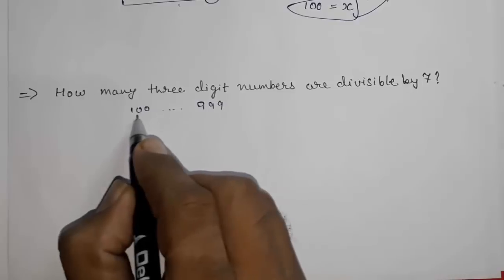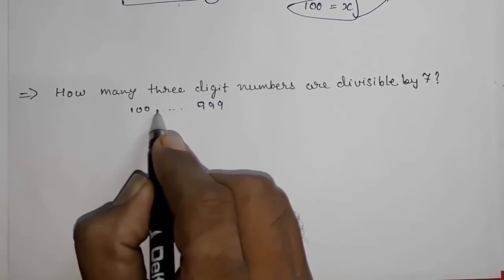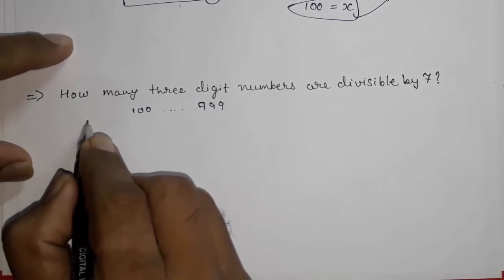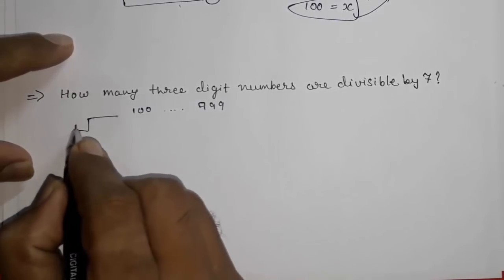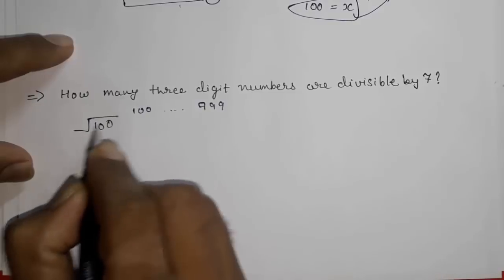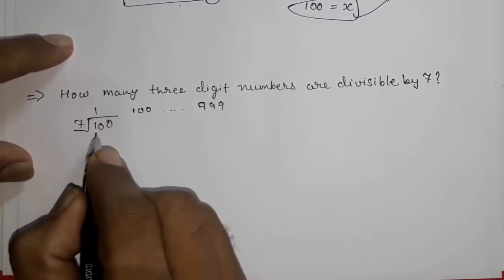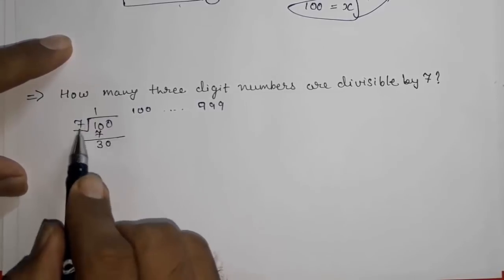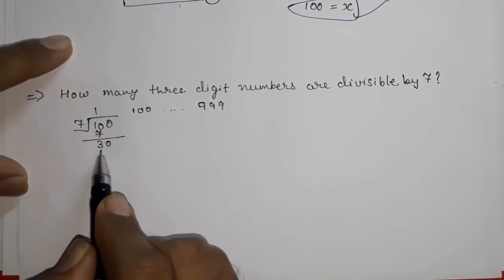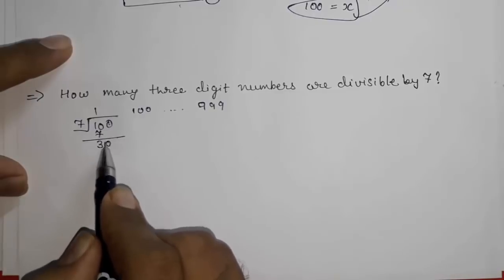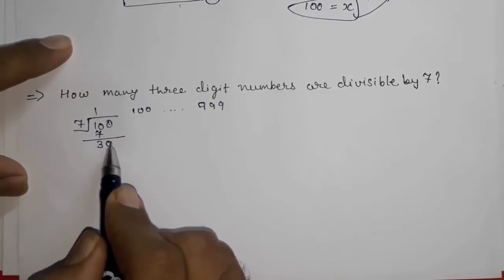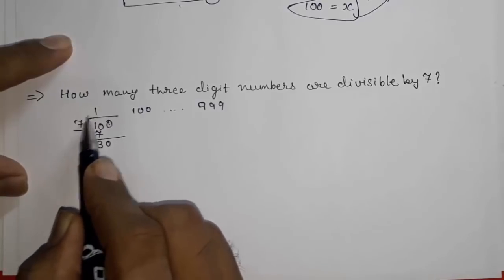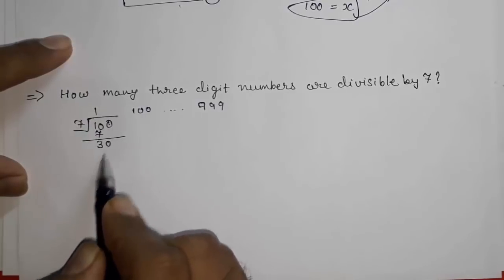So what I have to do? I have to find out the next number that is divisible by 7. For that I am going to divide and find out. Look here, 100 divided by 7: 7 1s are 7, 3, 0. Now we can see 7 4s are 28 will come here. But instead of this 0, if we will put 5 here, then automatically 7 5s are 35 will happen and both will get cancelled.